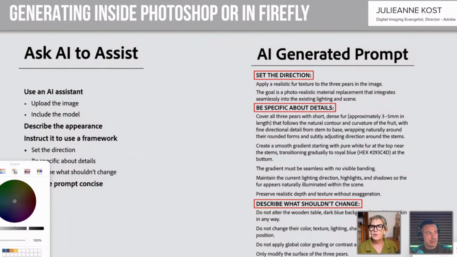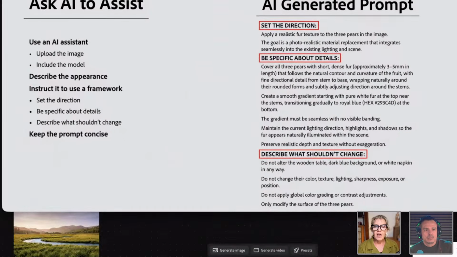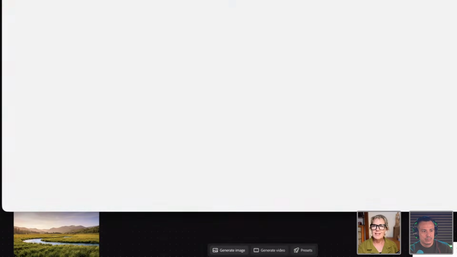I can put it in. Cool. Jesus has a nice little shortcut about what to look for. Set the direction, be specific about details, describe what you want to change, that kind of thing. And also for those of us who are sucky prompt writers, don't give up. You'll get there. I promise. Because it's time in.